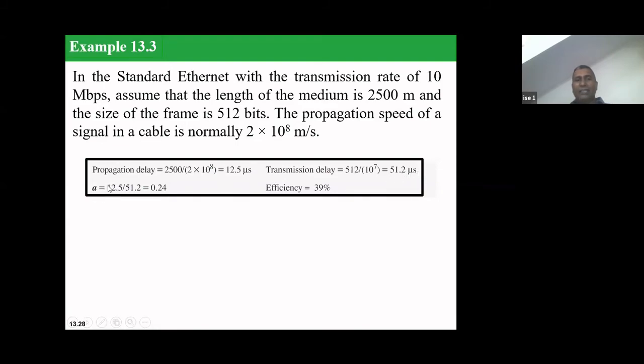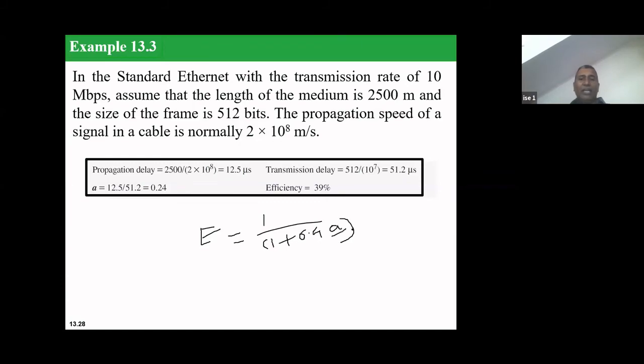So a is nothing but the propagation delay divided by the transmission delay, which is 0.24. If you put this in the formula, the efficiency was given by E equal to 1 upon (1 plus 6.4a).